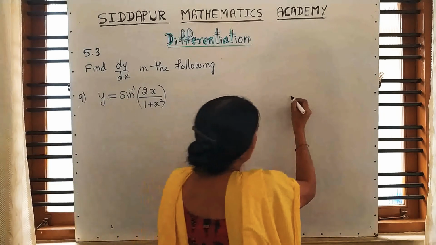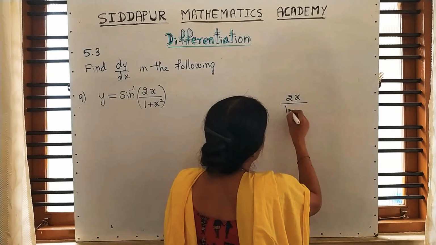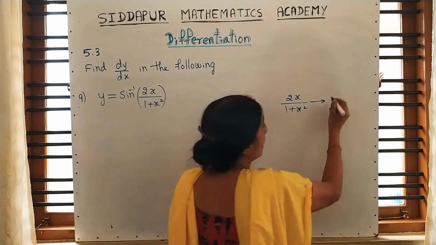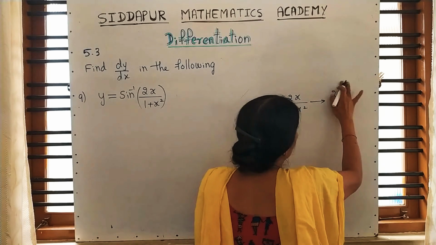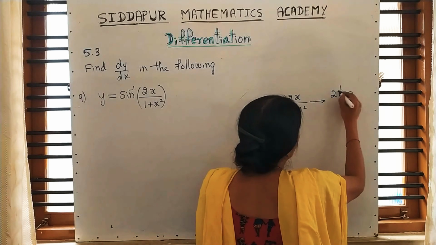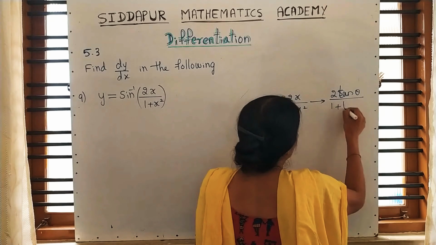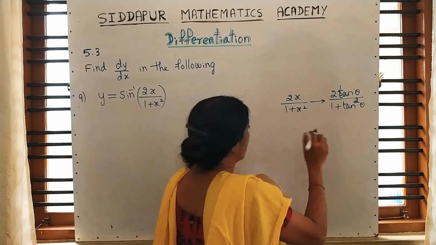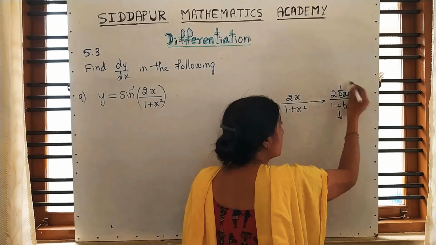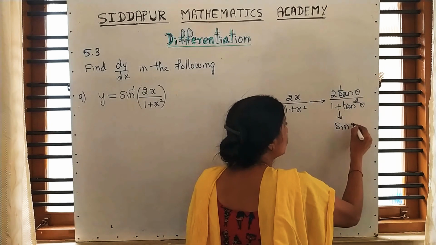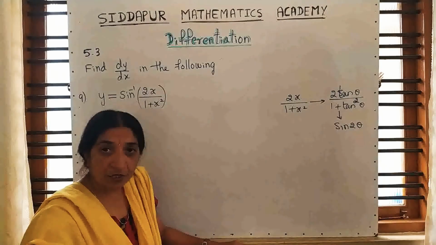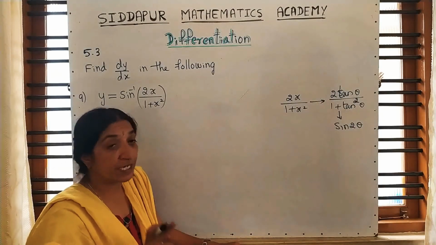See, when you see the form 2x upon 1 plus x square, in our minds we automatically remember 2 tan theta divided by 1 plus tan square theta. If you write x as tan theta, and you are familiar, this is nothing but sin 2 theta. Understood? That is the formula we studied in the first year.